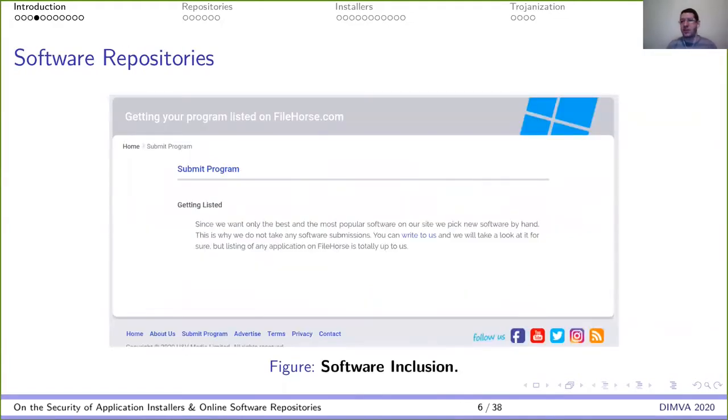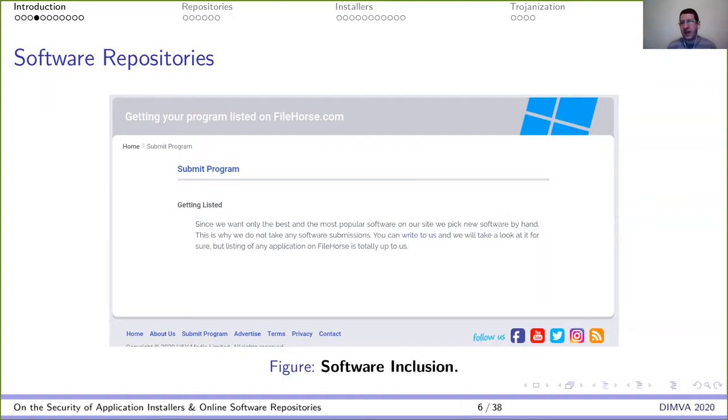The submission of an application, the inclusion of an application in repositories, starts by someone filling in a form like this and submitting it to the website administrators. So it can be a legitimate software developer trying to advertise their creation, but it can also be an attacker trying to include a malicious payload in this repository.